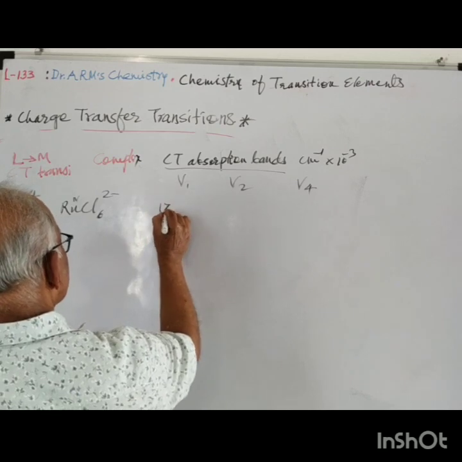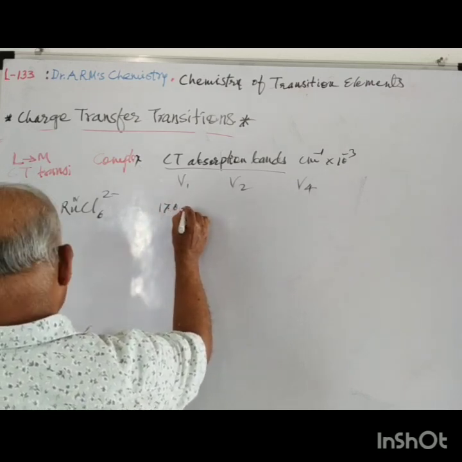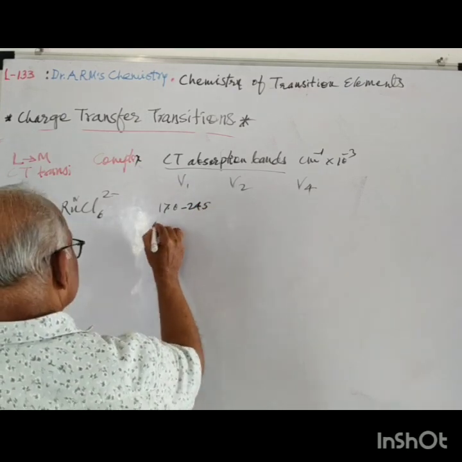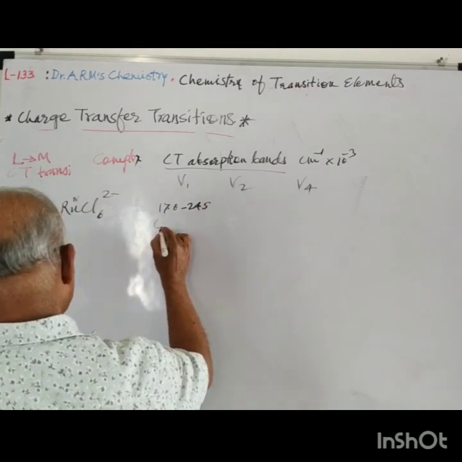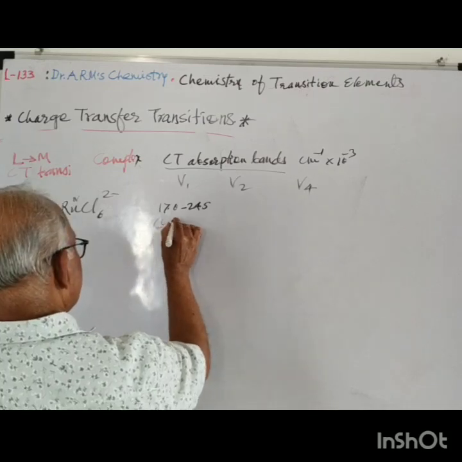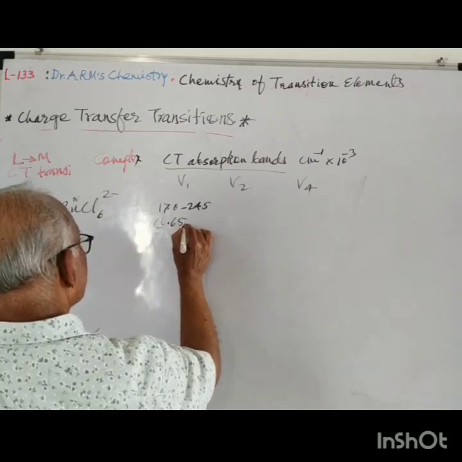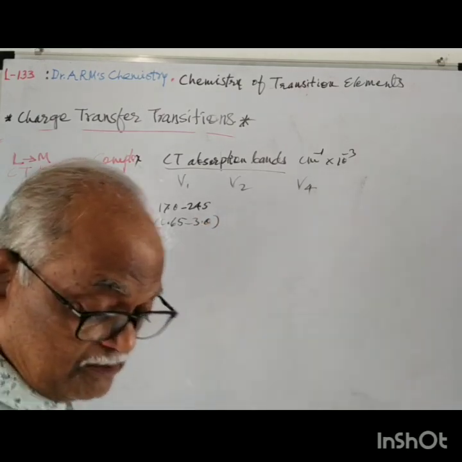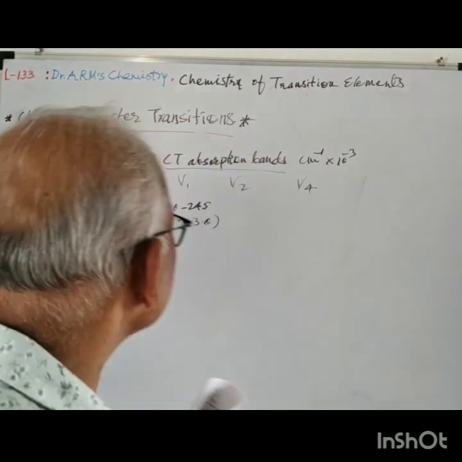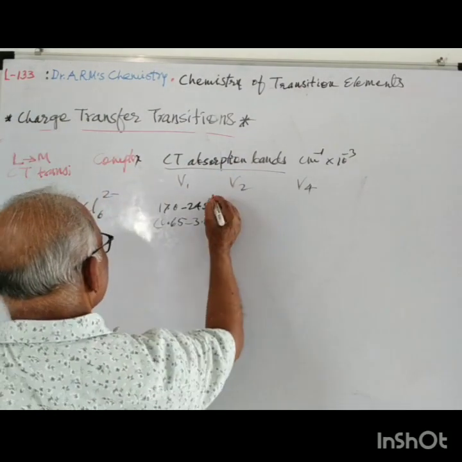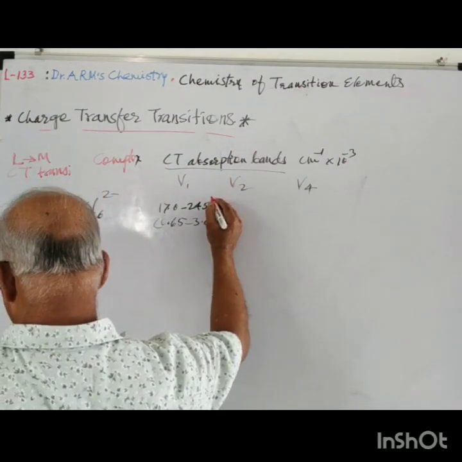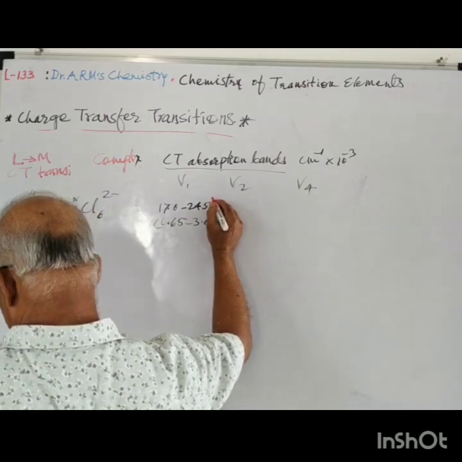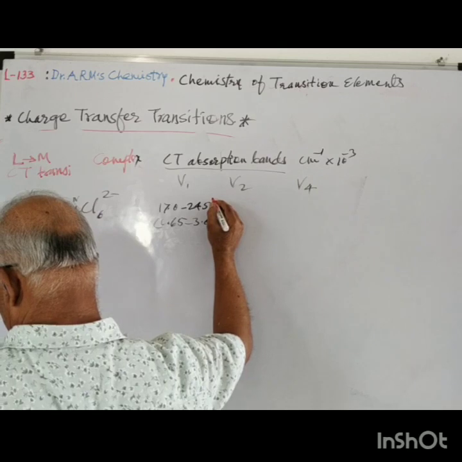The values are 17.0 to 24.5, and in parenthesis we will show 0.65 to 3.0. So here we will show that.